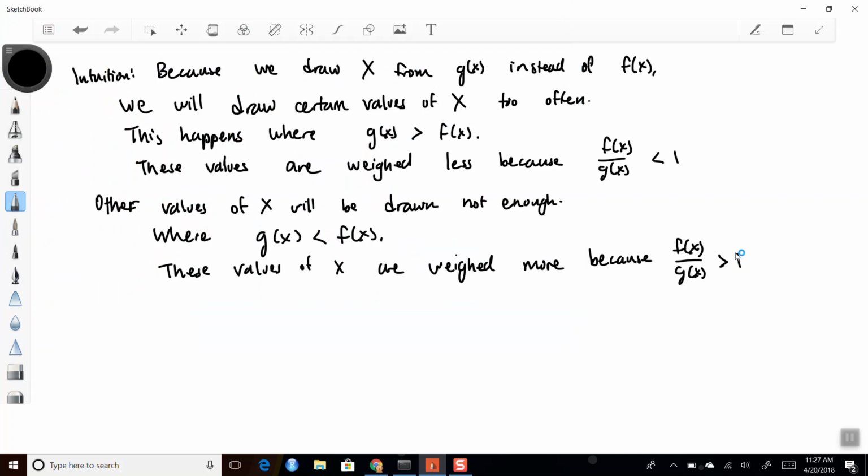And so certain values are going to be weighed a lot heavier, and other values are weighed a lot less, okay? And so basically your estimate's not going to be as good.